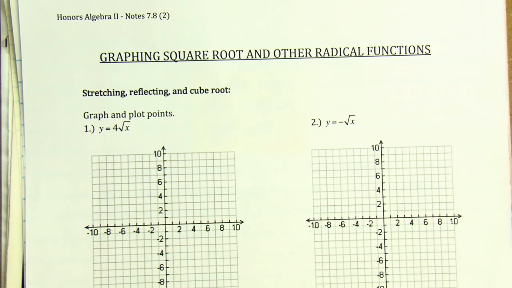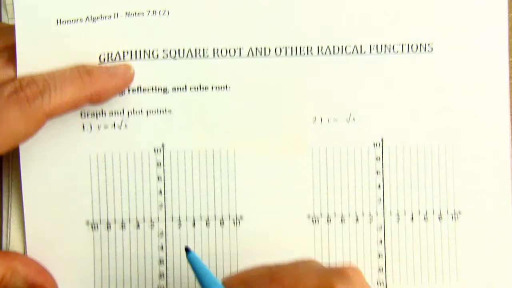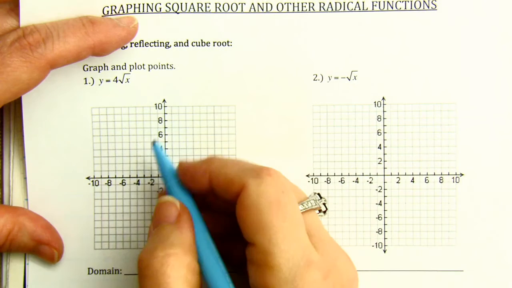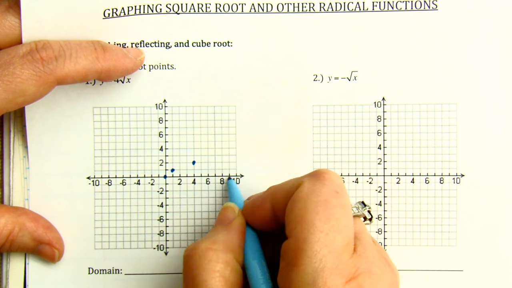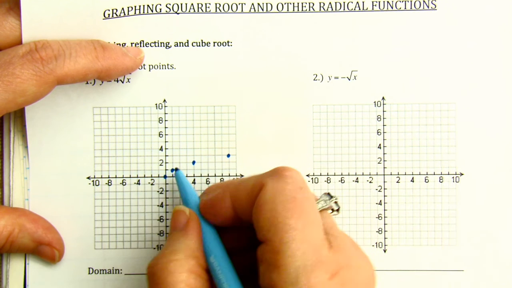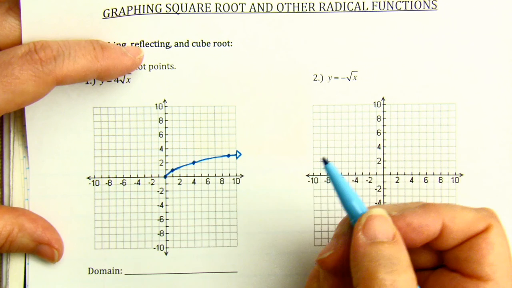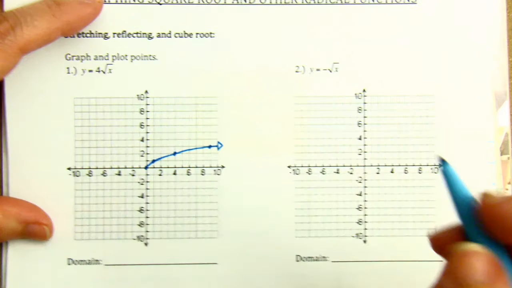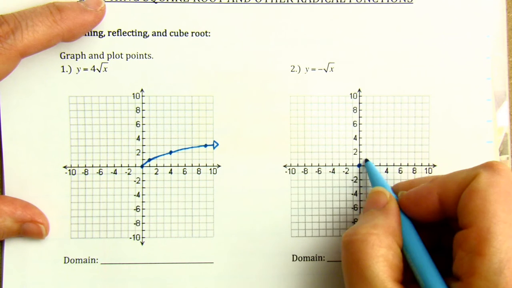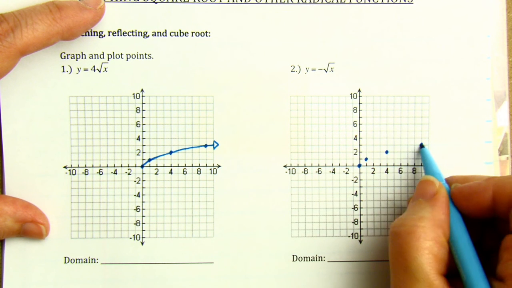So again, the parent function here is 0, 0, 1, 1, 4, 2, 9, 3, because the square root of 0 is 0, the square root of 1 is 1, the square root of 4 is 2, the square root of 9 is 3.